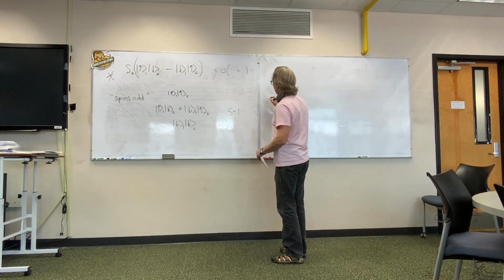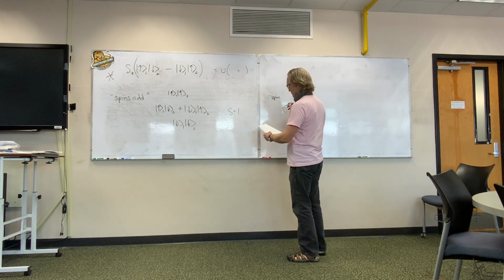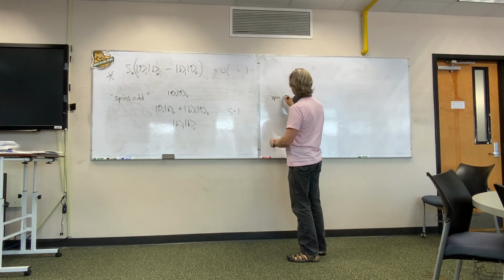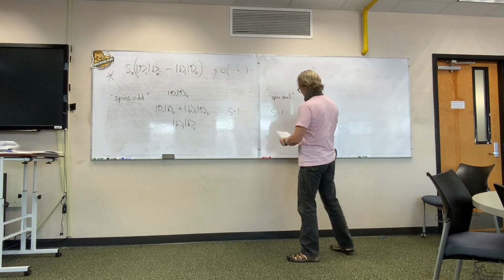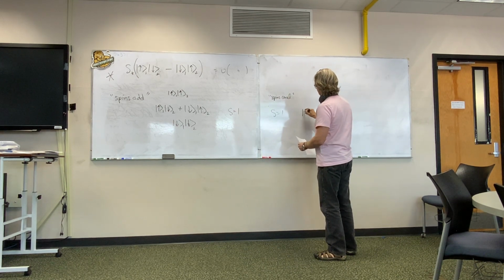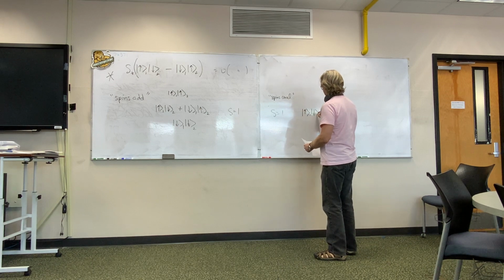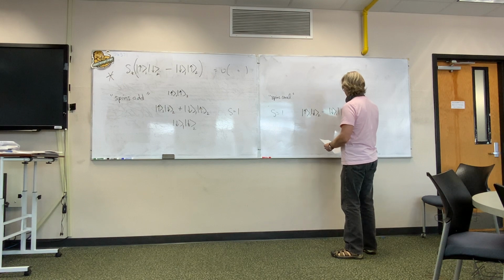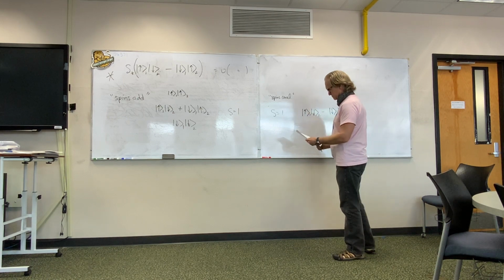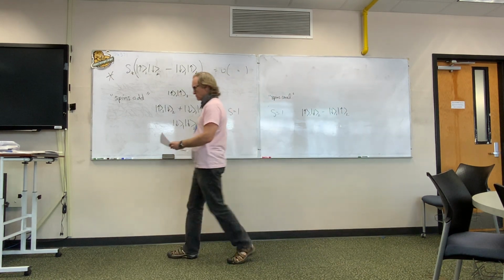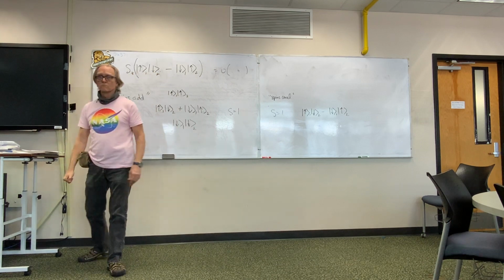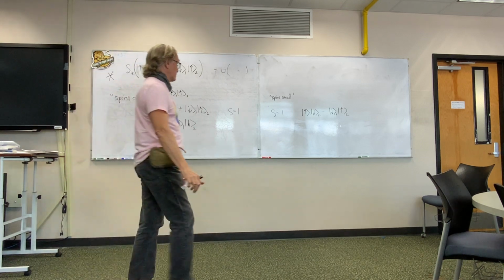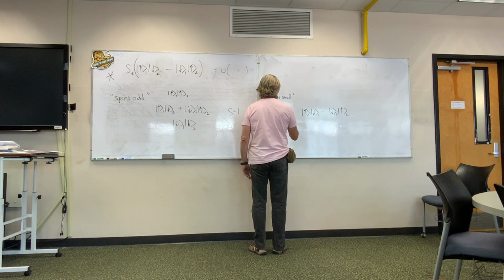There's one case where we can think of the spins canceling. S equals 0, and that was up 1, down 2, minus down 1, up 2. Should that be S equals 0? It sure should. Thank you.